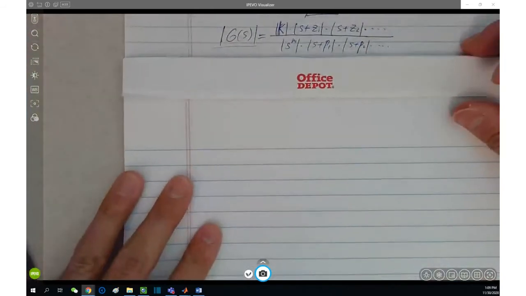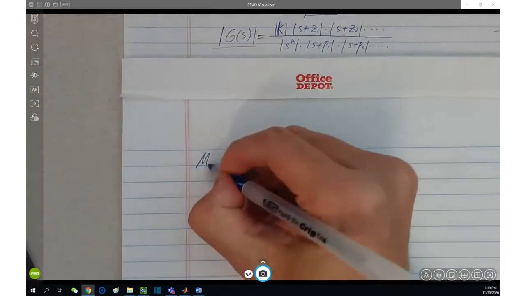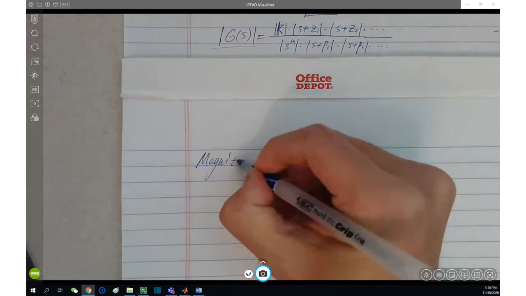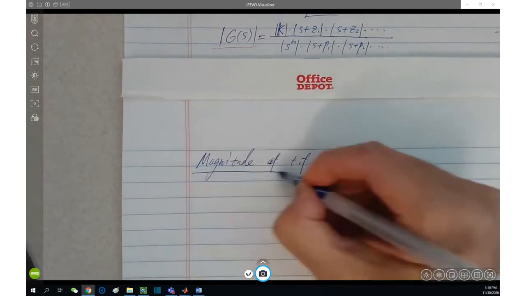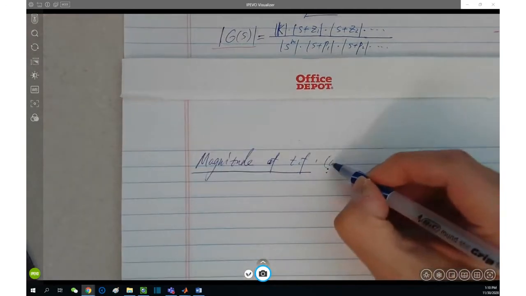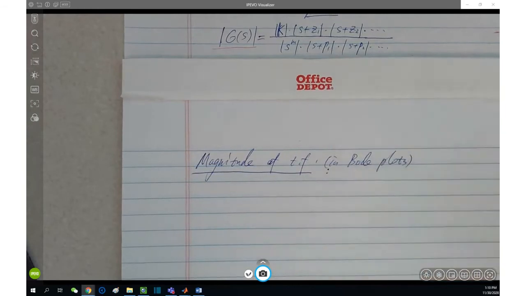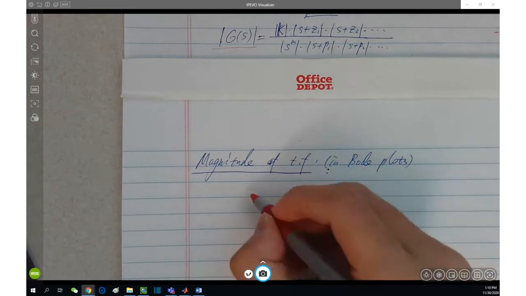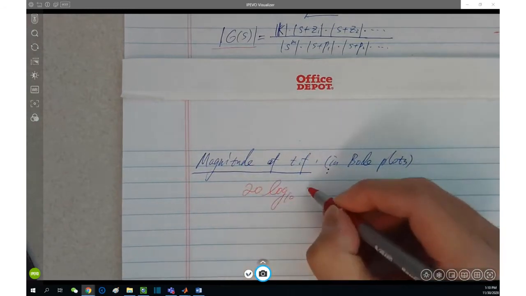So based on these calculations of the magnitude, we are saying the magnitude of the transfer function in the Bode plot, using 20 log 10 of the magnitude.